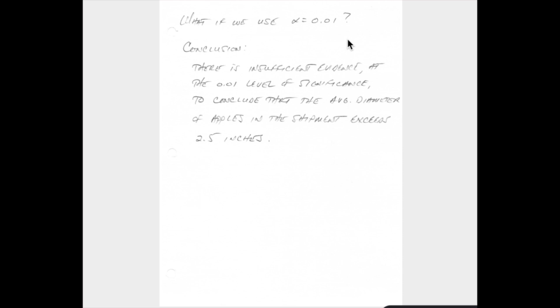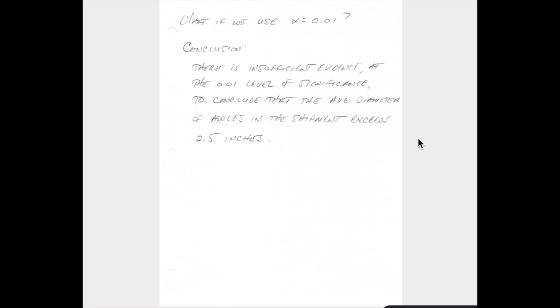And so because of that, the conclusion at the 0.01 level of significance would be that there is insufficient evidence at the 0.01 level of significance to conclude that the average diameter of the apples in the shipment exceeds 2.5 inches. So if the buyer were using a 0.01 level of significance, they would not pay the premium because there is insufficient evidence at that level of significance to conclude that the average diameter in the shipment exceeds 2.5 inches.